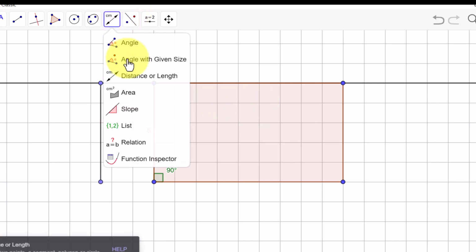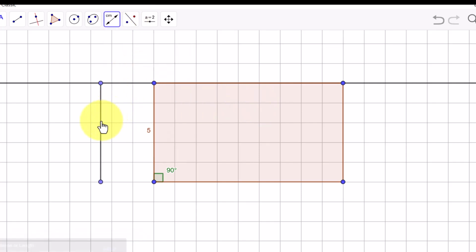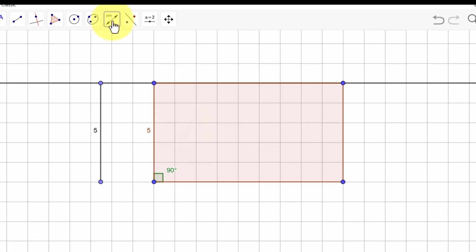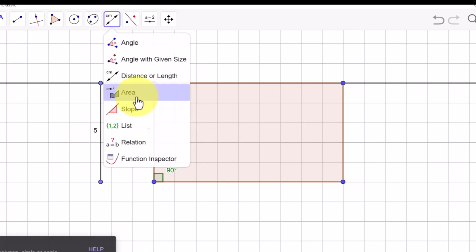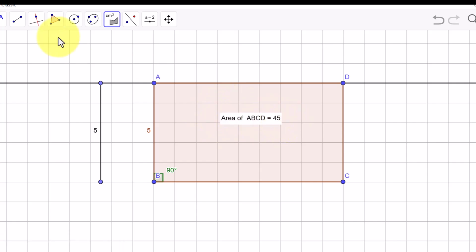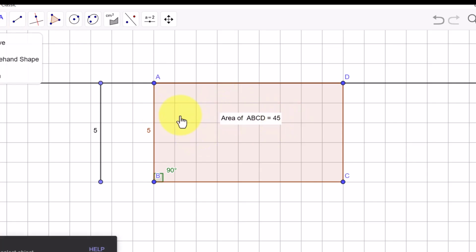So as long as this height remains constant, this height is 5. Let me put the length. This height is 5. As long as this height is 5, the area of this, what is it called now? The area of this shape remains the same, which is 45. So the area remains 45. Just add 1, 2, 3, 4, 5, 6, 7, 8, 9. So this is 9 times 5, that is 45.